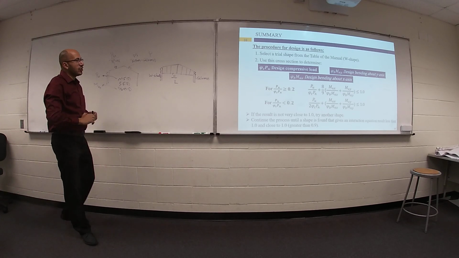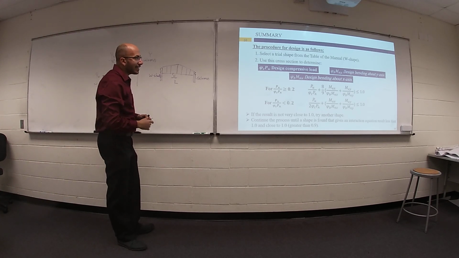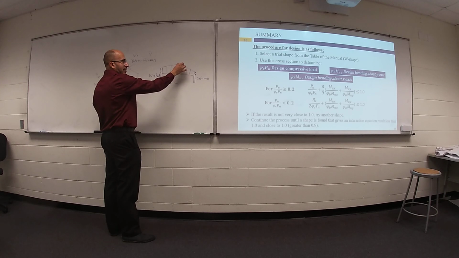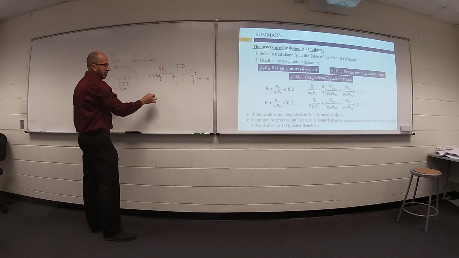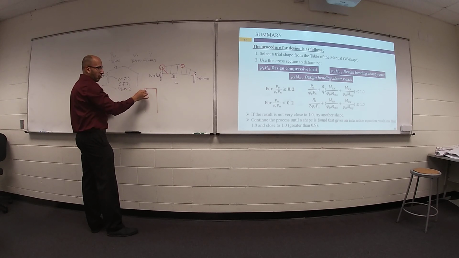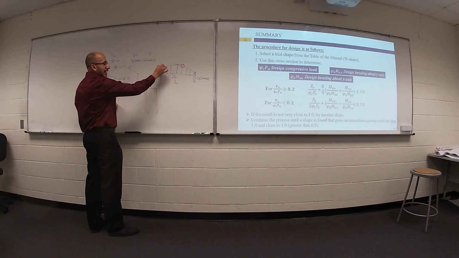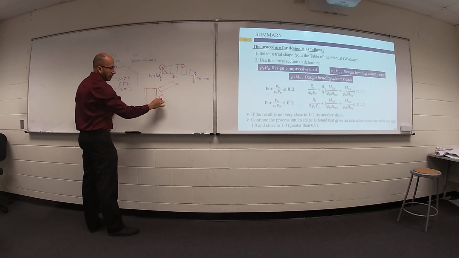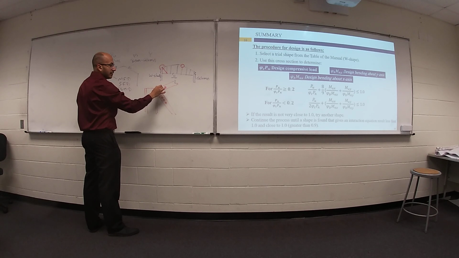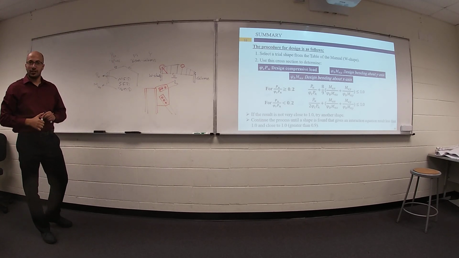Until now, we did not talk about anything related to your connection. We have this connection: a vertical column and inclined members, which are double angles. We need to figure out how many bolts you need here, and something called a gusset plate to make this connection.